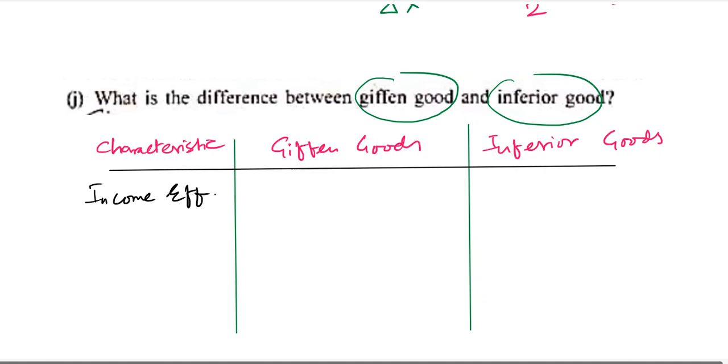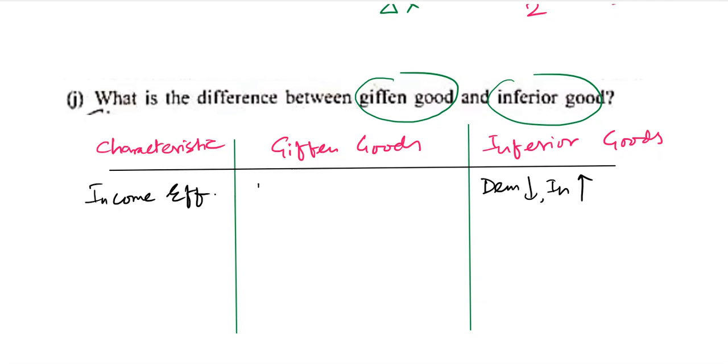For inferior goods, demand decreases as income rises, and demand increases as income falls.